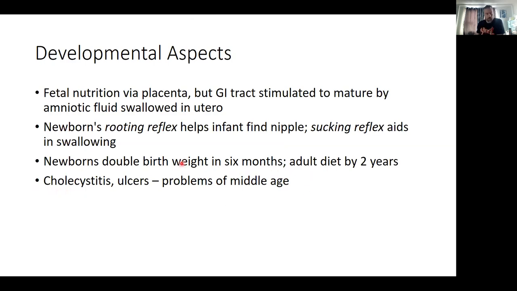As you get old, so you get to be my age, you're obviously no longer worried about breastfeeding, but you get things like cholecystitis, ulcers, things that are just kind of bad. So these are polyps or cysts on your colon. You can also get diverticulosis and diverticulitis.